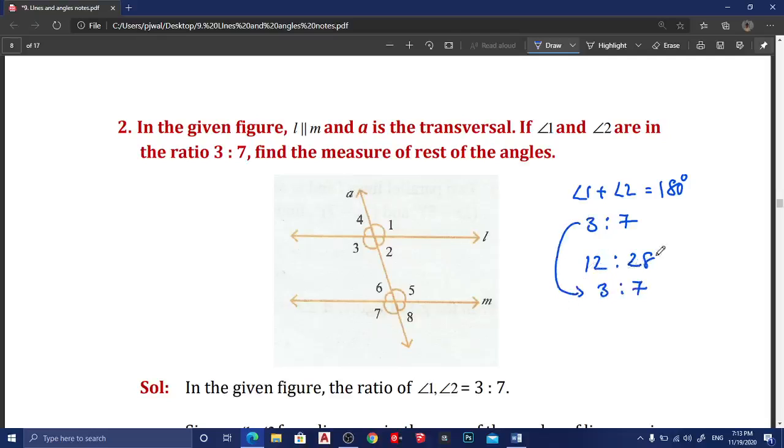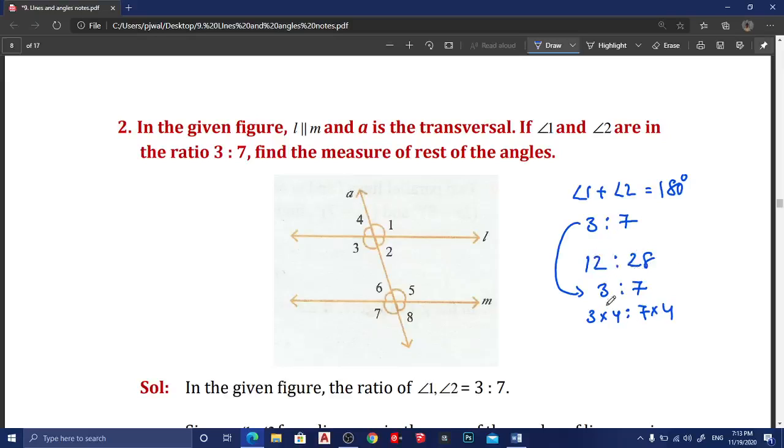It is not the exact value, you have to think like this. So by multiplying these two values with a common factor, which is 4, you are getting these two values. By multiplying these 3 and 7 with a common factor, you are getting some actual values.